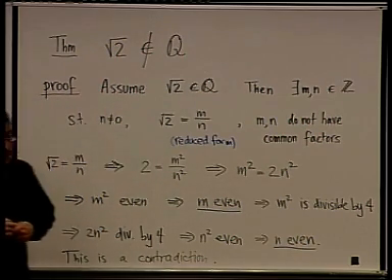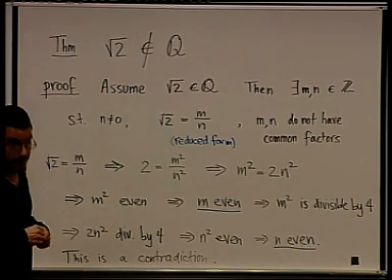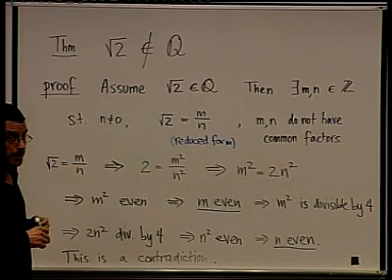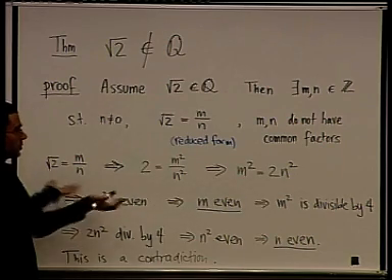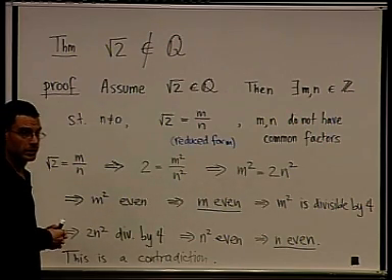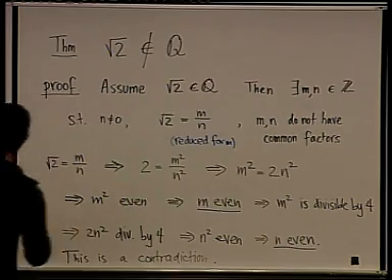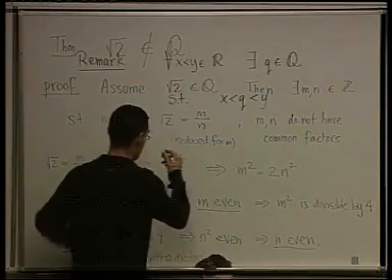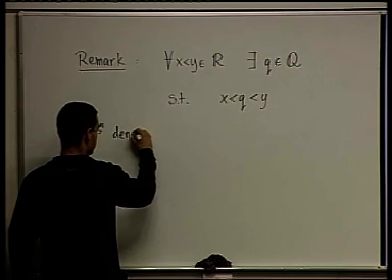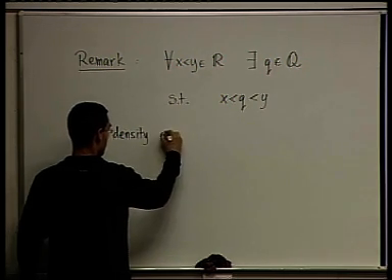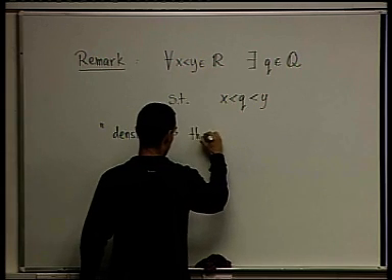Okay? Yes? In proof by contradiction, do we have to explicitly say what the contradiction is, or is it enough to just say it's a contradiction? You have to say where you see the contradiction. Yes. Okay? Okay, so this fact is called the density of the rationals.